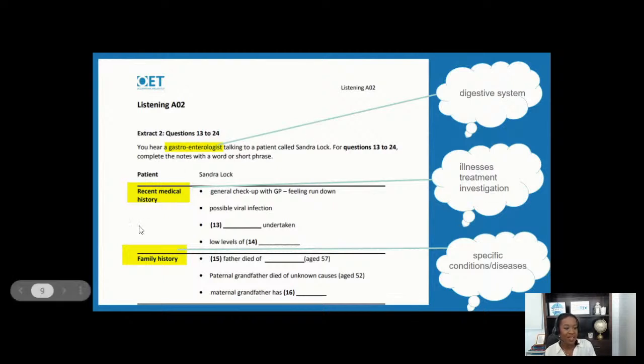And then regarding the family history, this is going to get quite specific, isn't it? We're going to think of specific conditions and diseases. Okay, so very good answers in the comments. I can see that using the context, you're able to activate some relevant words that you have in English.